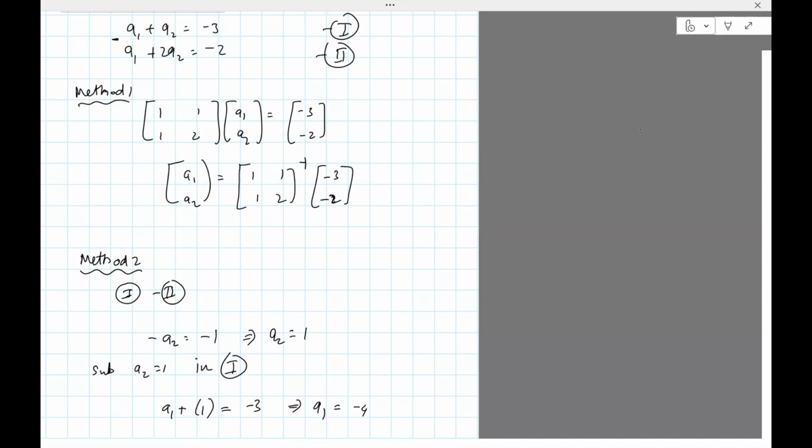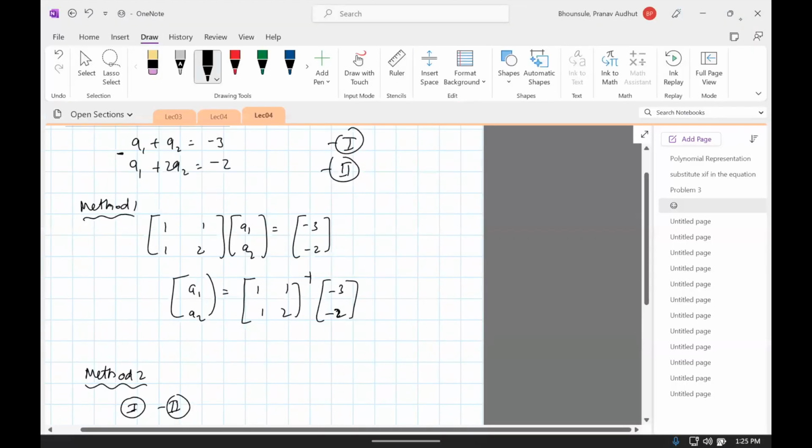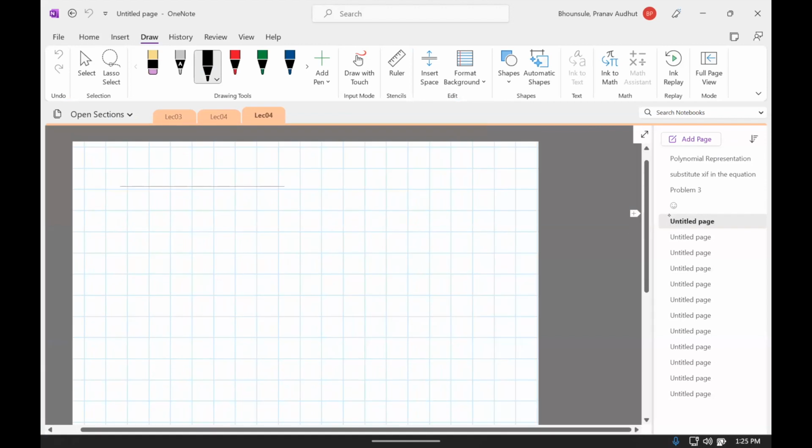Okay, so let's start with an expression for f of x: a0 plus a1x plus a2x squared. I've completely found the constants. a0 is 2, a1 is -4, a2 is 1.